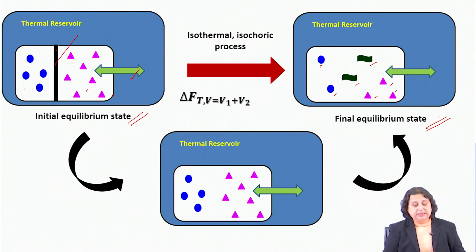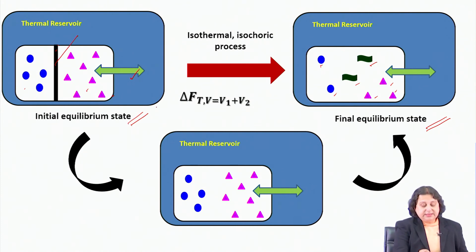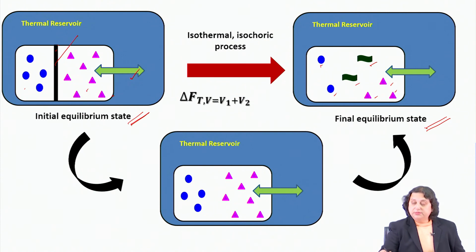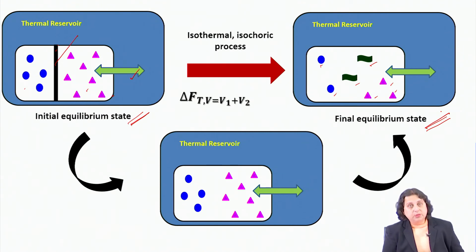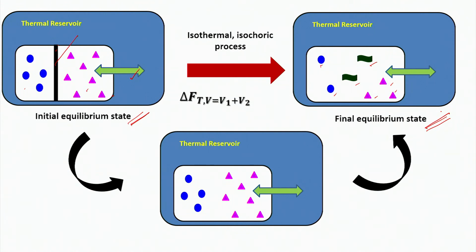So in this case, I would say that if the system passes from this initial equilibrium state to this final equilibrium state, the direction of spontaneous change in state is the reaction. In that case, if this reaction occurs with the lowering of Helmholtz free energy at constant temperature and at a constant volume of the reaction vessel, then the system will have a spontaneous reaction.